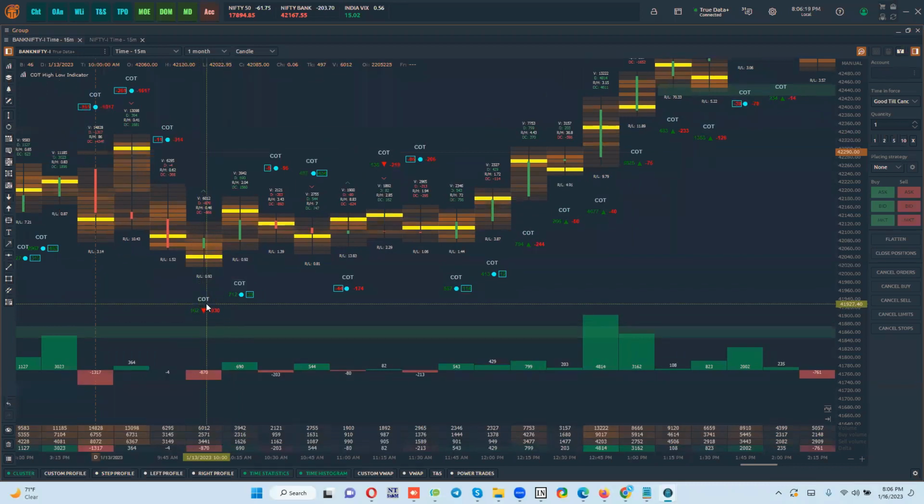So the previous candle has both the COTs on top, minus 11 and minus 314, and the next candle moves to 162 and minus 930. Is this sort of a shift in COT an indication of a change in trend if we forget about what is happening towards the right of it?